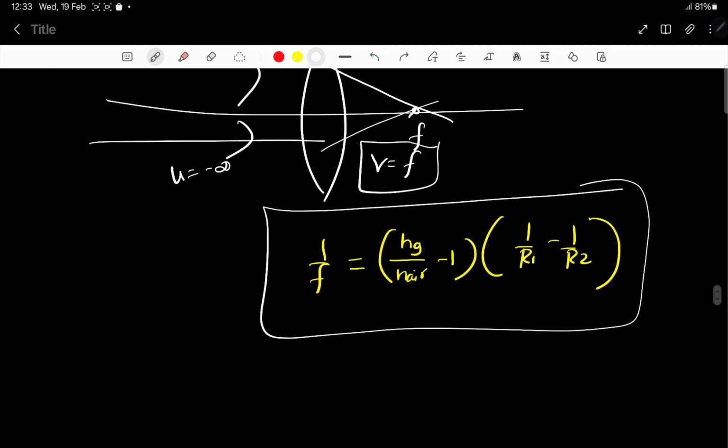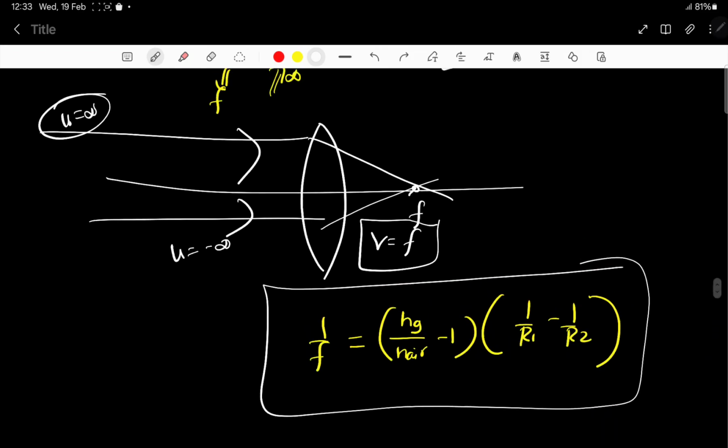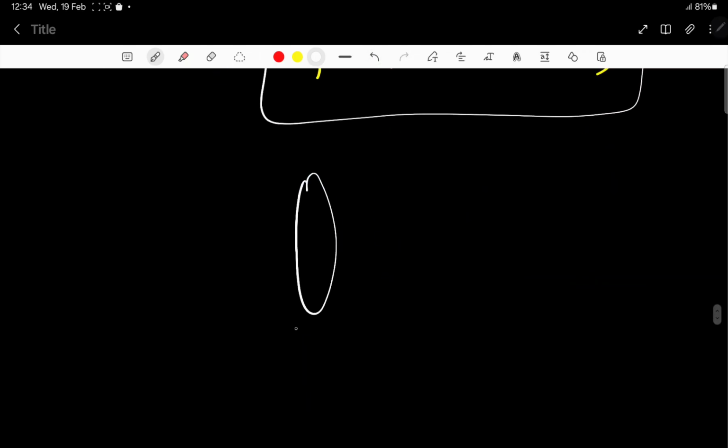And here we have one remarkable conclusion. If the entire lens setup, imagine a convex lens, is placed in some medium instead of air, it could be water, it could be a diamond, or it could be anything.